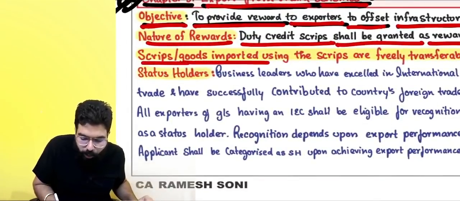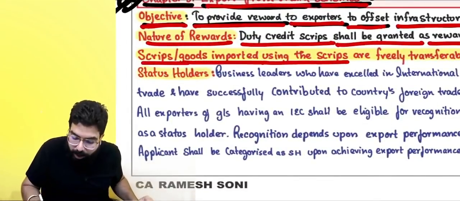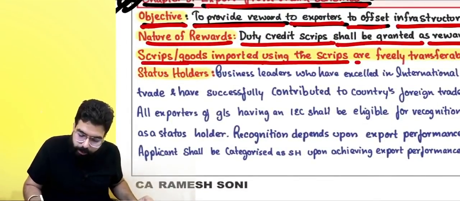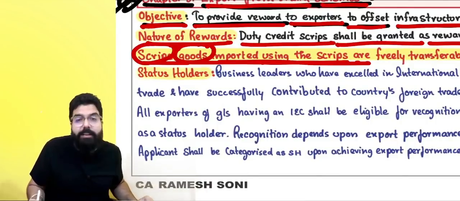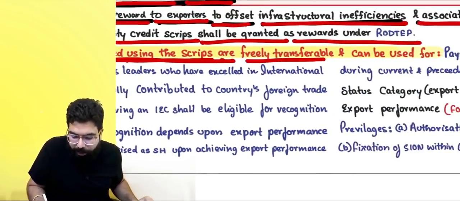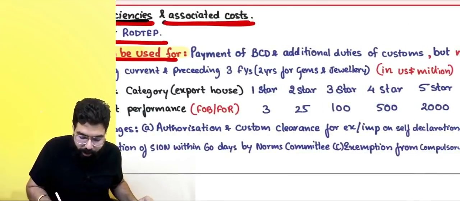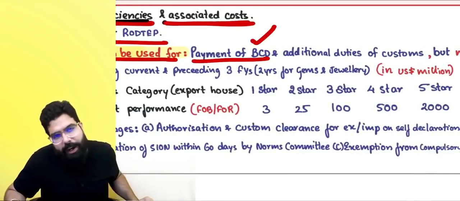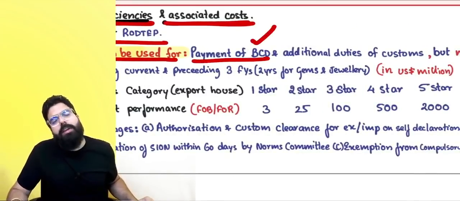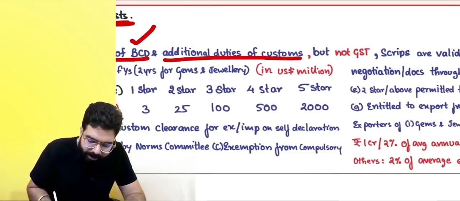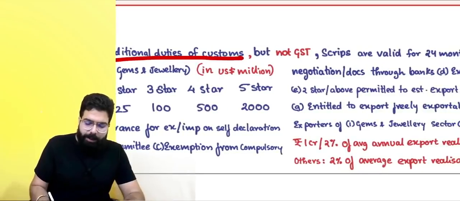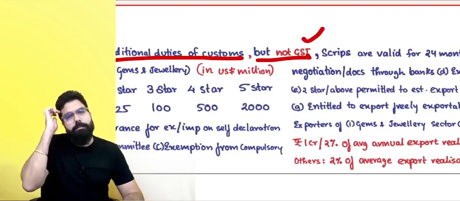Scripts or the goods imported using the scripts are freely transferable and can be used for payment of. So, everyone over here now, if you have extra scripts, what can you do with them? You can use them for payment of basic customs duty and additional duties of customs, but not GST.